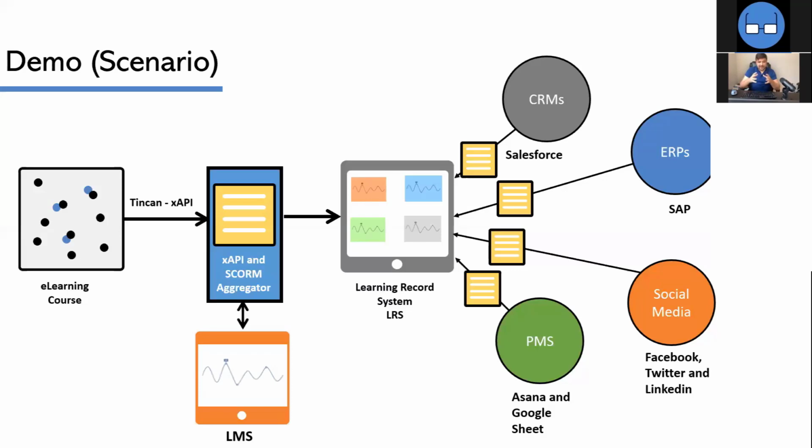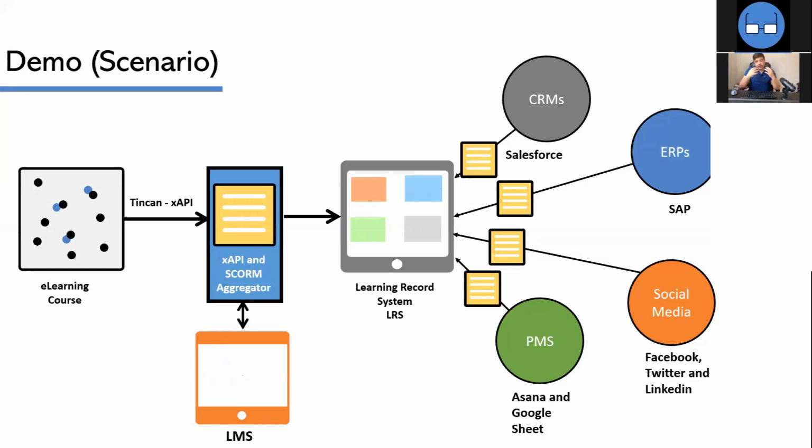So before I jump into the demo, I would like to show you what I did technically. I have this xAPI course, right? I published it as xAPI, and then I used one aggregator for xAPI statements. That aggregator could be SCORM Cloud, right?